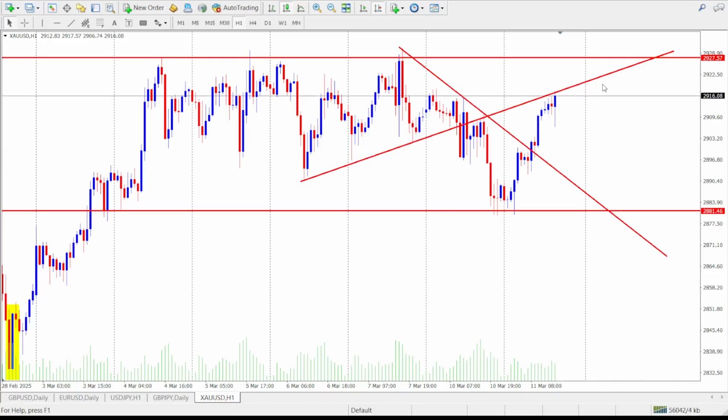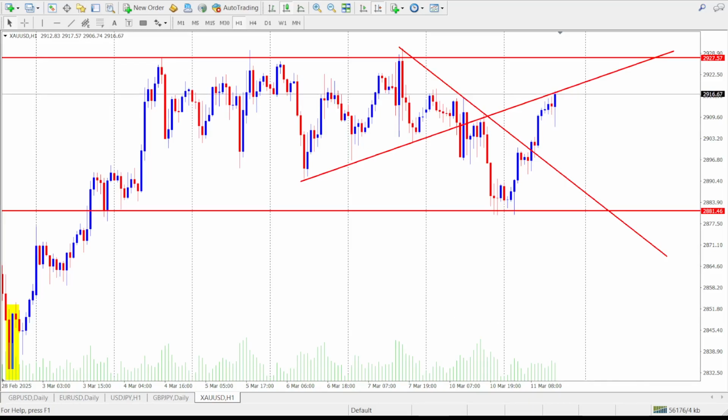Resistance is a level where price tends to stop rising and reverse downward. The key to trading with support and resistance is confirmation. You don't just place a trade because price reaches a level. You wait for price action signals like pin bars or engulfing candles to confirm the trade setup.